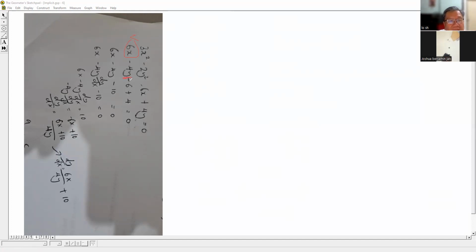That is the dy dx. You miss out dy dx. And differentiate 6x with respect to x is 6. This is correct. Differentiate 4y with respect to x, differentiate 4y is 4, correct? But you have to add the dy dx there.